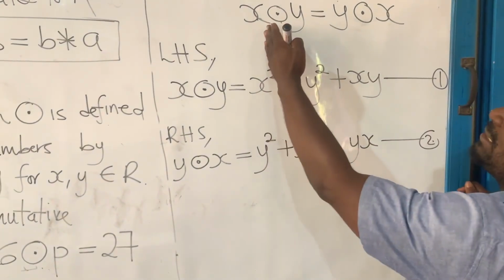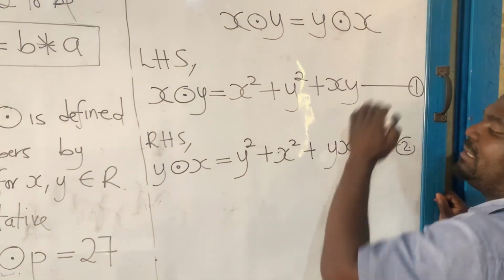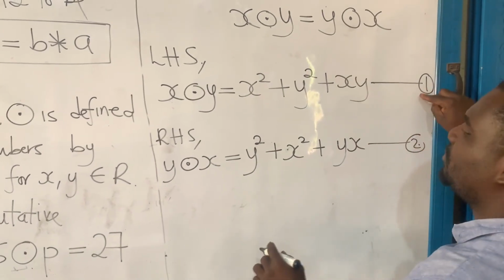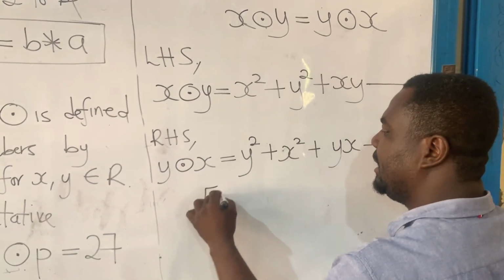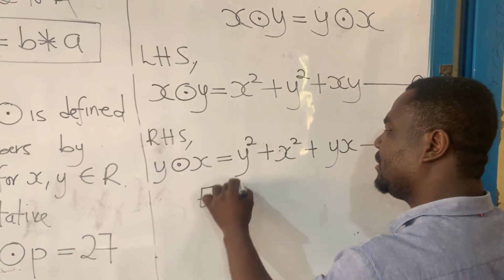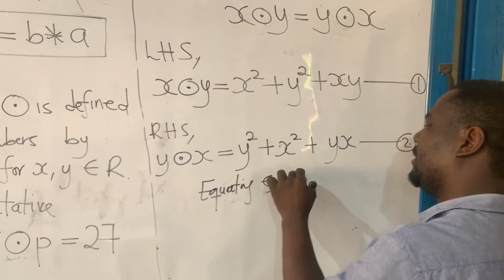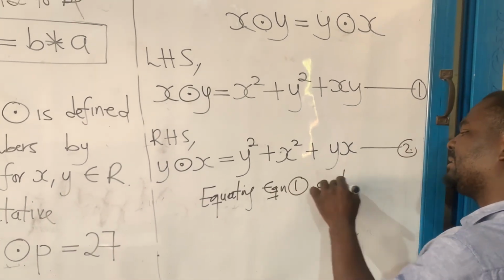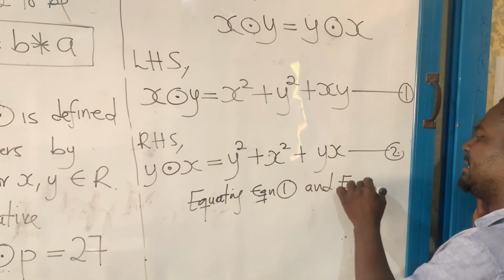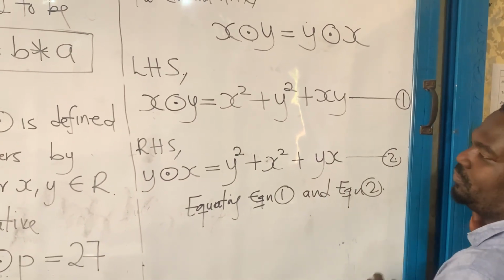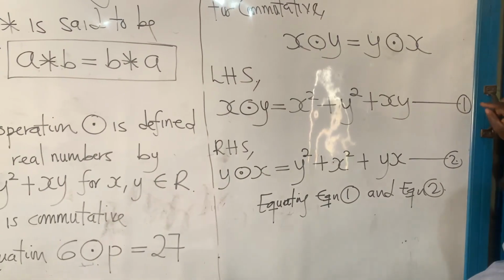For your left to be equal to your right, you are equating equation 1 and equation 2. So what did you get for equation 1?